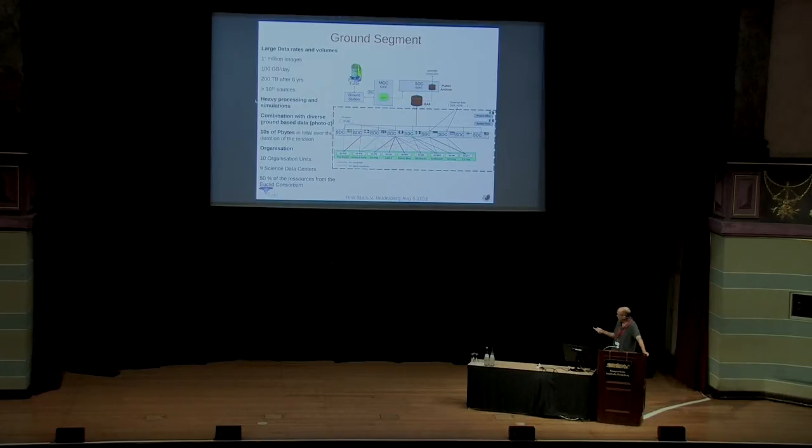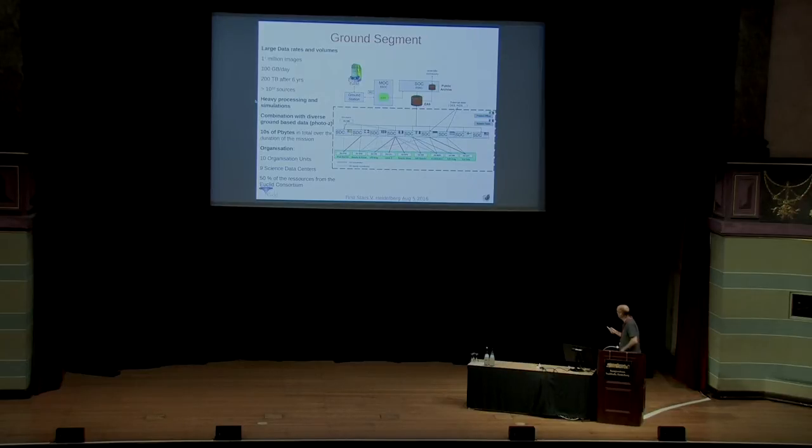So this requires a relatively complex organization with 9 science data centers, 10 organization units in Euclid's vocabulary, and 50% of the resources from the Euclid consortium are actually working on the ground segment.